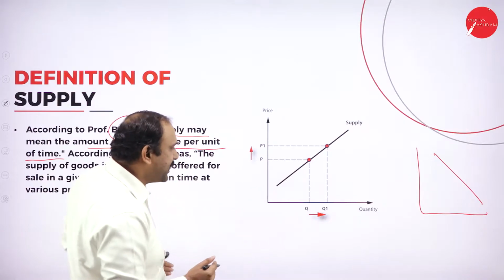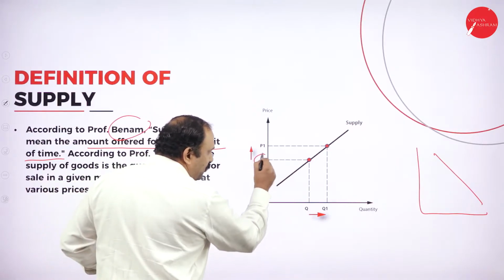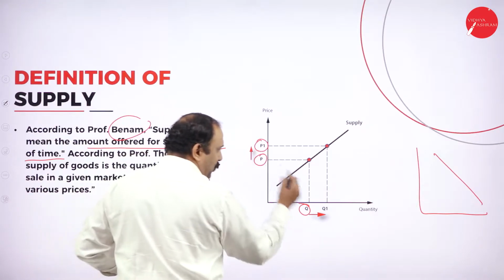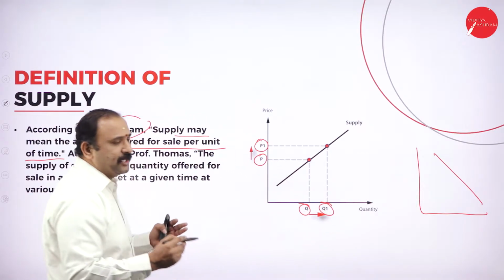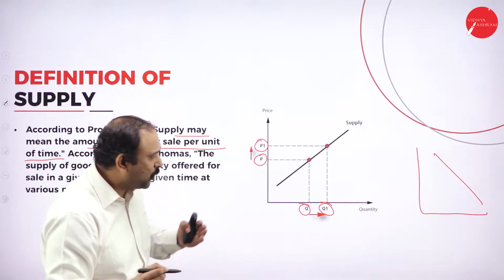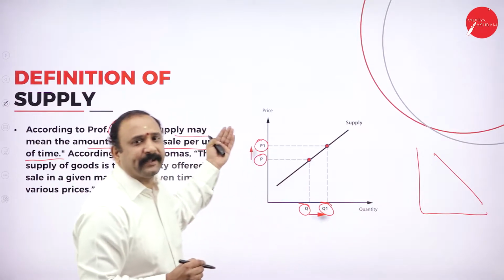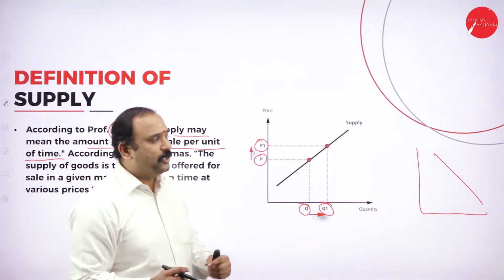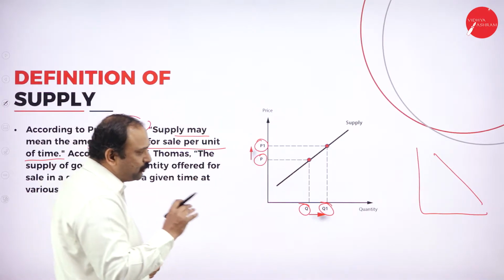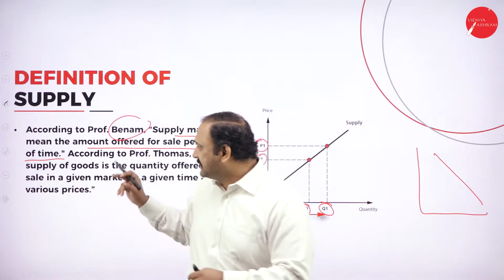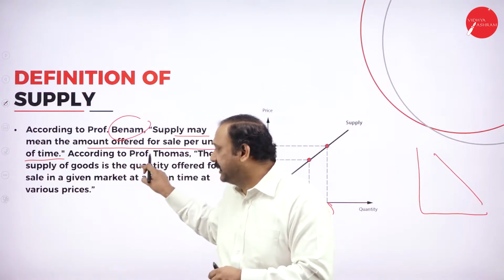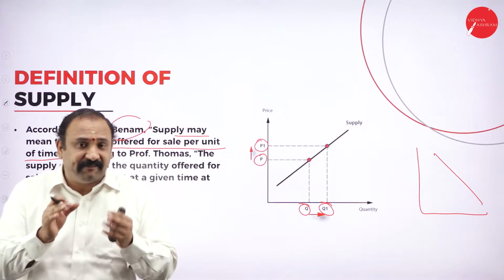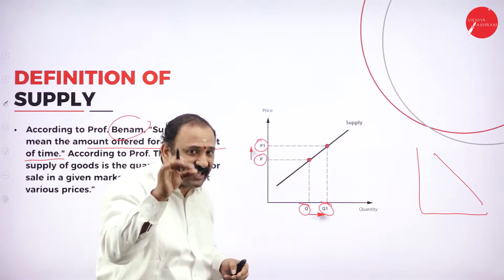If you look at this diagram, we have price, we have quantity, then a shift in price, a shift in quantity altogether. So we are going to take quantity on the x-axis, price on the y-axis, and you see a supply curve coming out there. What the supply curve is trying to say is that it is the amount offered for sale per unit of time. So that is what is available at that time, at that juncture.